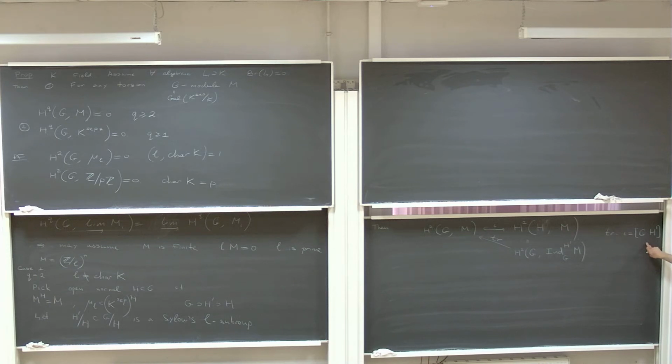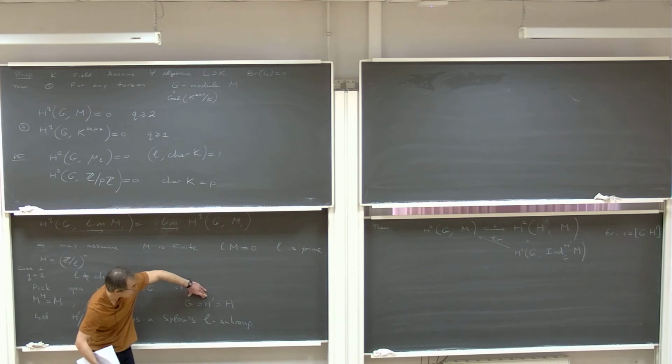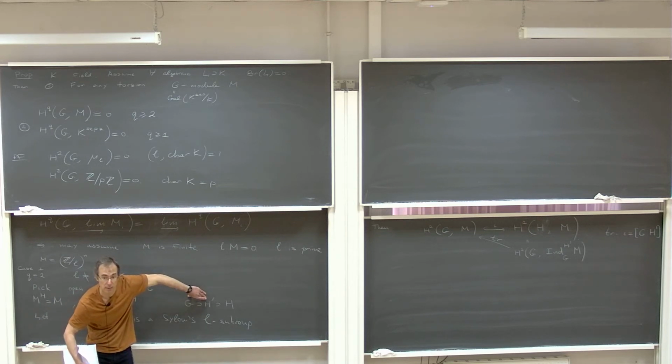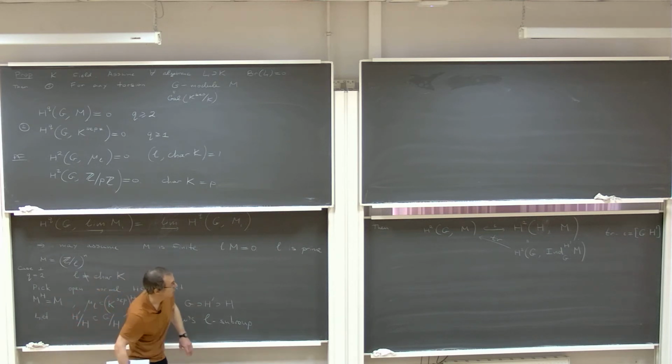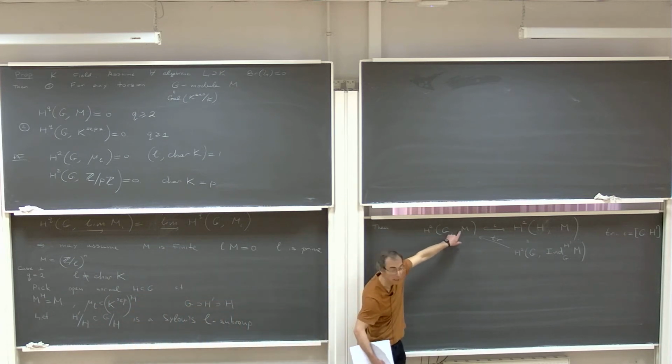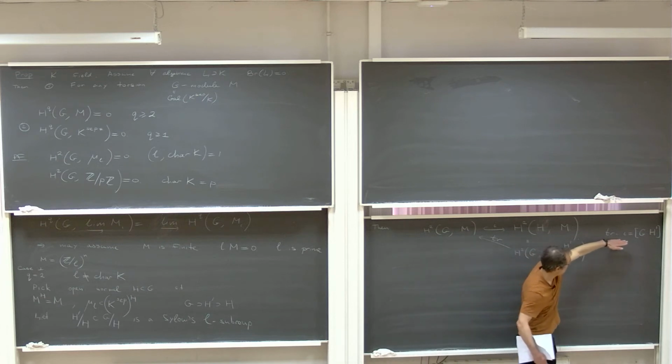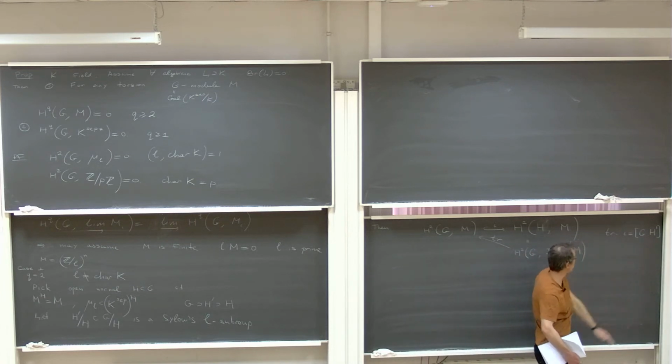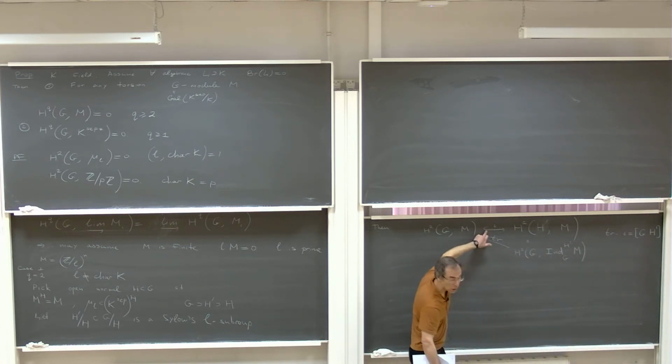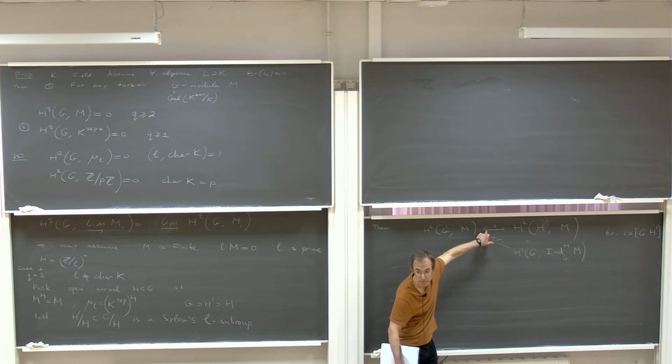That was the property of trace. And now H prime over H is a Sylow L subgroup, so this index is relatively prime to L. So in particular, it's invertible in M. Therefore, this is an injection, and therefore, this map is an embedding.